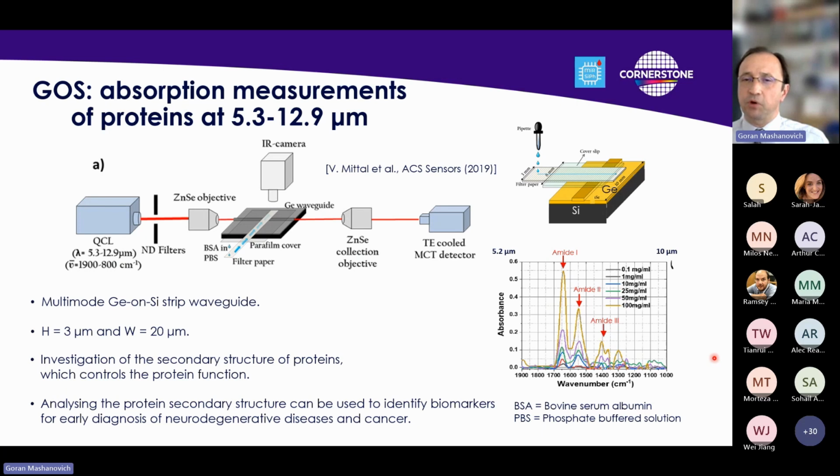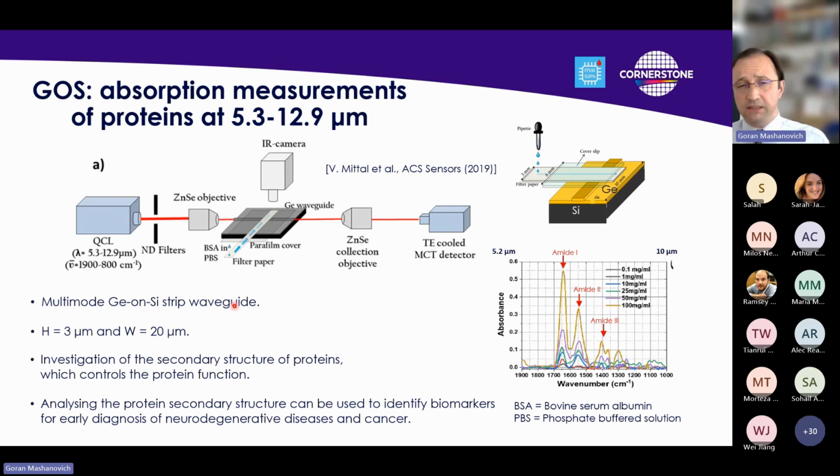So we use this platform, germanium on silicon, to see the classical amide 1, 2, and 3 absorption peaks of proteins. So that was BSA and PBS solution. What we did, we used just a multimode germanium waveguide. We put filter paper, covered that with a cover slip, and then we pipetted BSA and PBS that propagated through the filter paper, came in contact with the germanium waveguide, and then by doing these scans, we could see characteristic peaks.